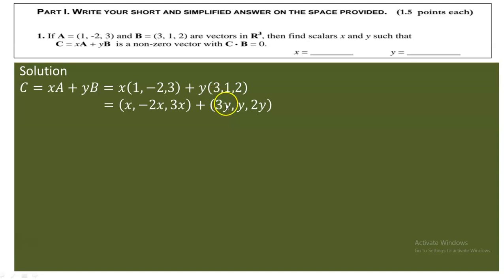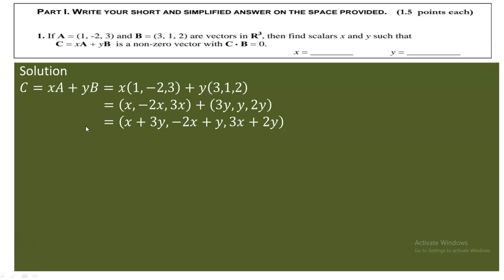Here we have 3y, y, and 2y. As you take the sum, you simply add the components together. So this is x plus 3y, then -2x plus y, and 3x plus 2y follows. This is nothing but the components of vector C.